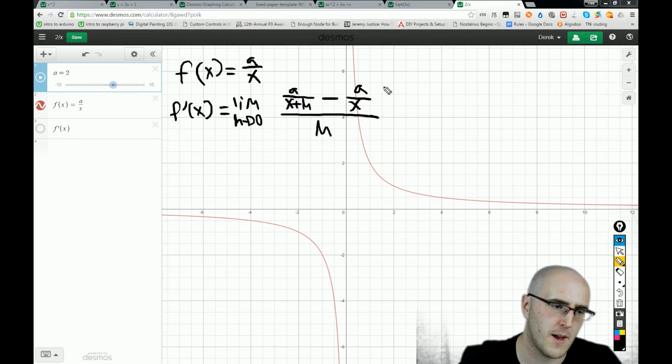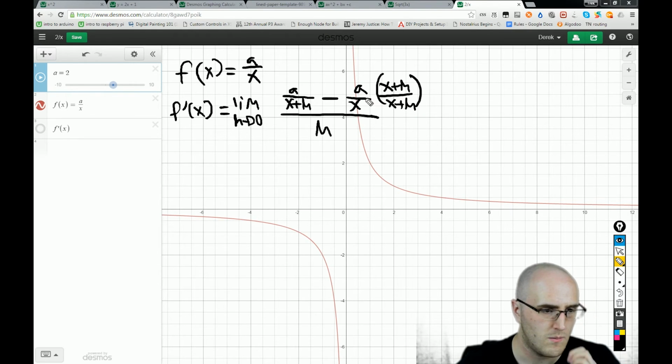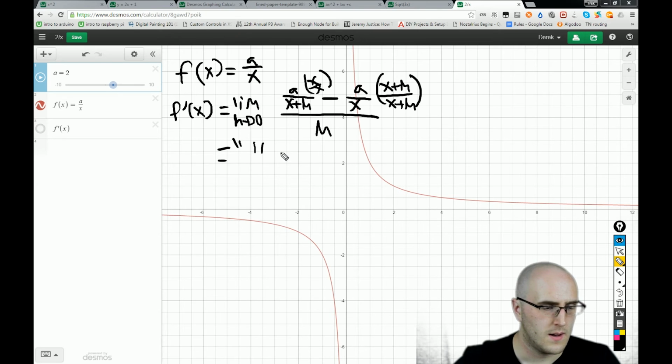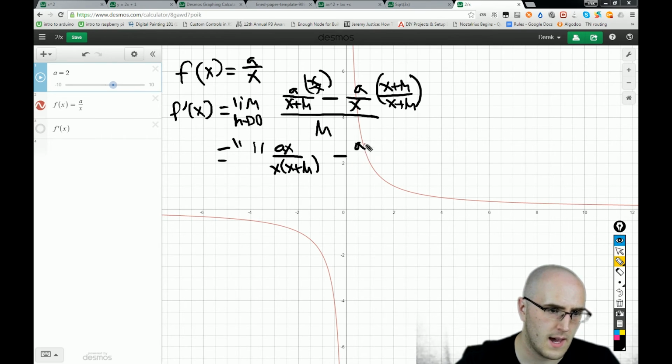So over here I'm going to multiply by x plus h over x plus h, and over here I'm going to multiply by x over x. And that will give us, inside our limit, ax over x times x plus h minus ax plus ah over x times x plus h, all of that over h.